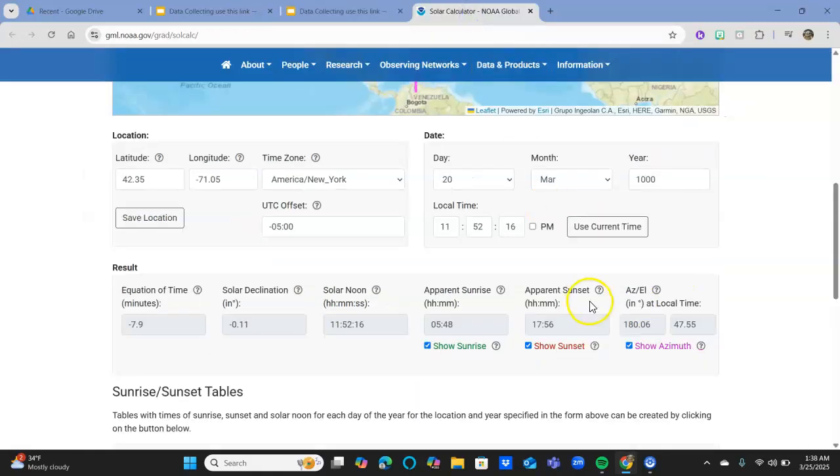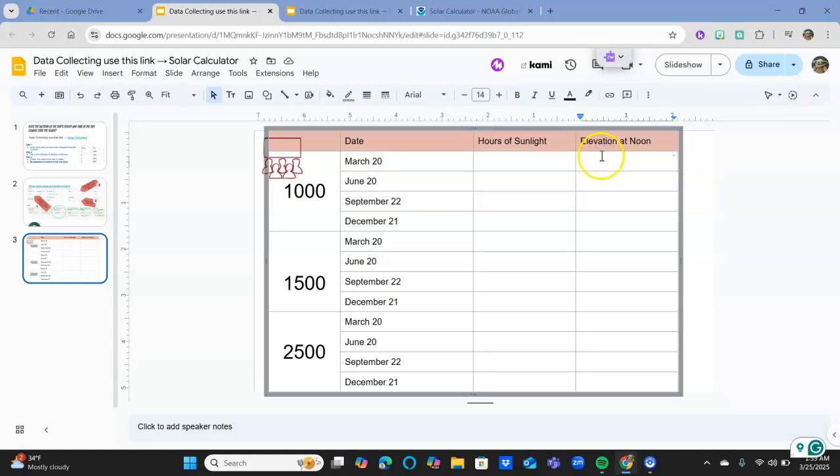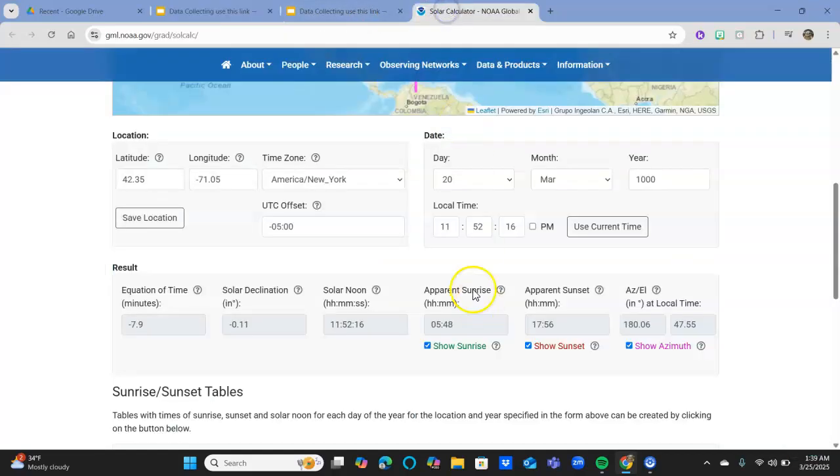So if I look here, the elevation is what we're looking for. It's 47.55. So you're going to come to here, elevation at noon, 47.55, right? If I change this, if I say use current time, this changes. So putting the solar time in is really important.